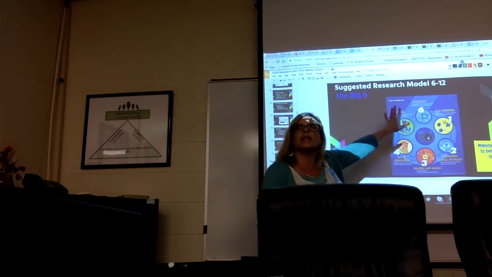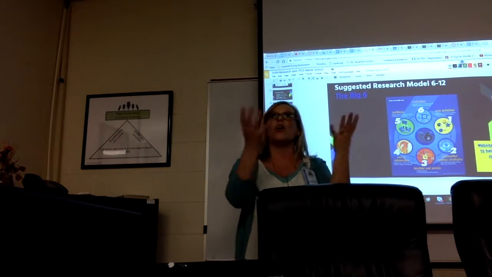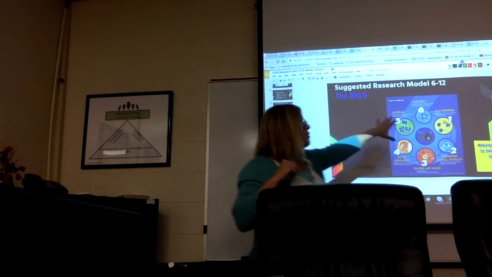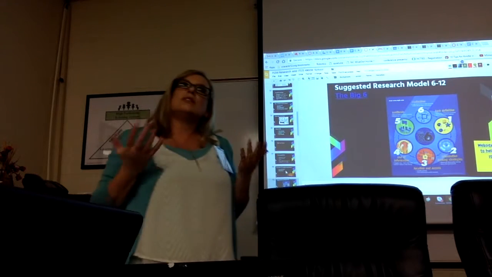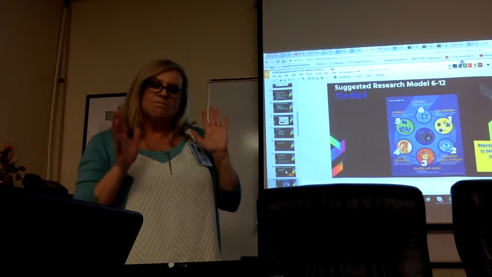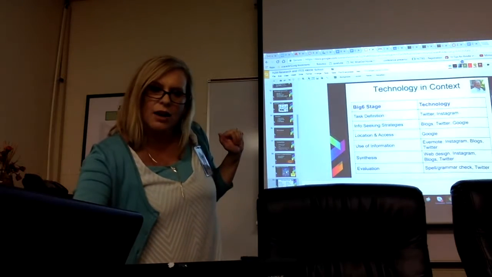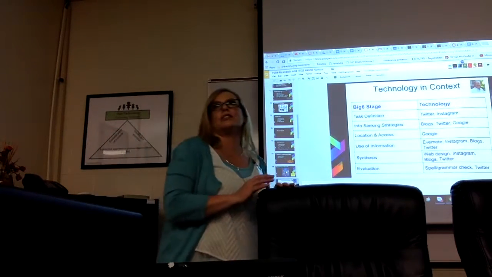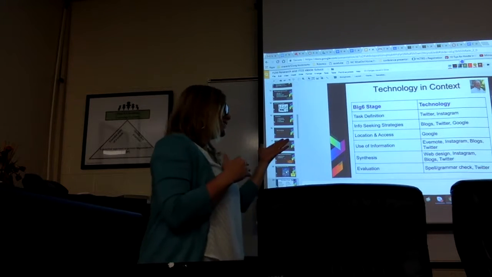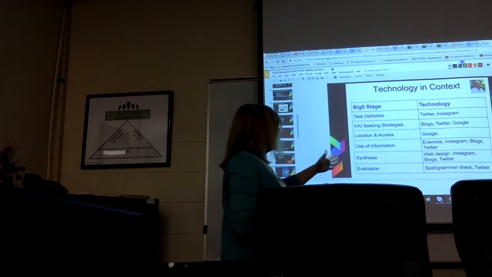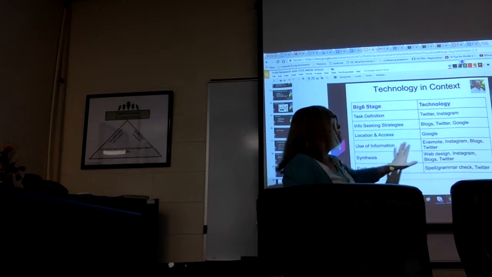Synthesis is where they take it and organize and communicate and put it all together. And then evaluation is something they go through on their checklist. Did it fit my rubric? So this is a research model, and this is how technology is incorporated with it. And when I looked at one that they had in 2010, it looked much different.